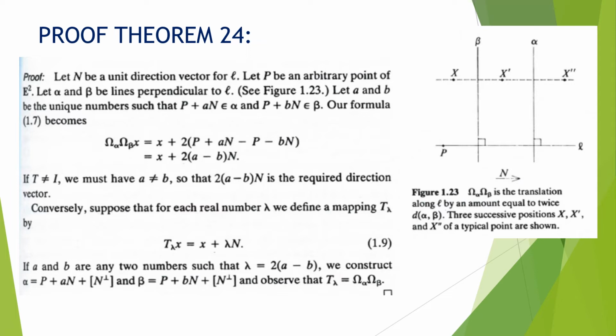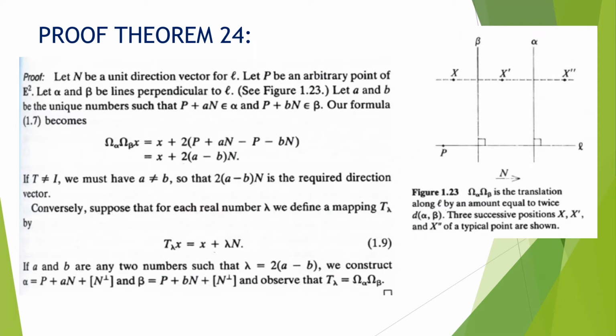Conversely, suppose that for each real number lambda, we define a mapping of translation T lambda of x is equal to x plus lambda times n.